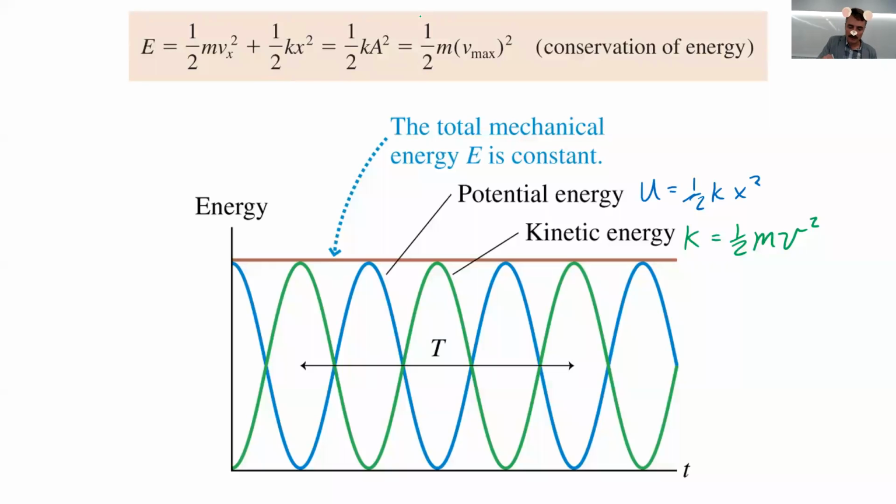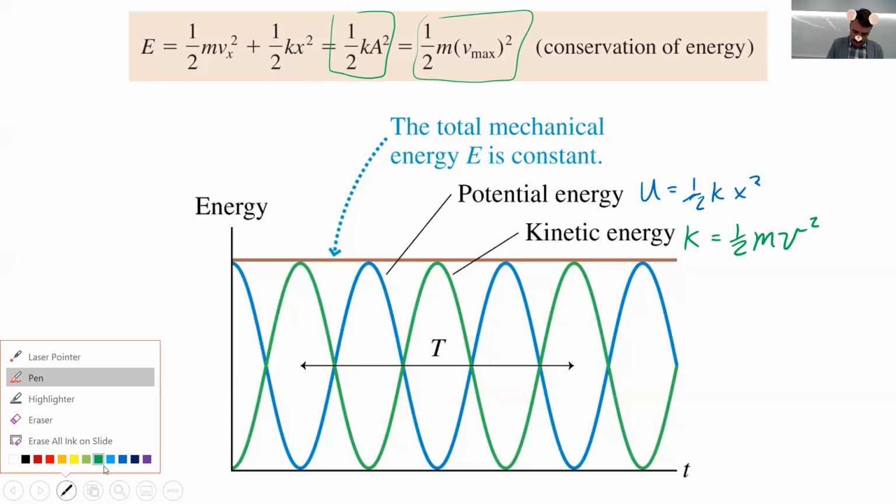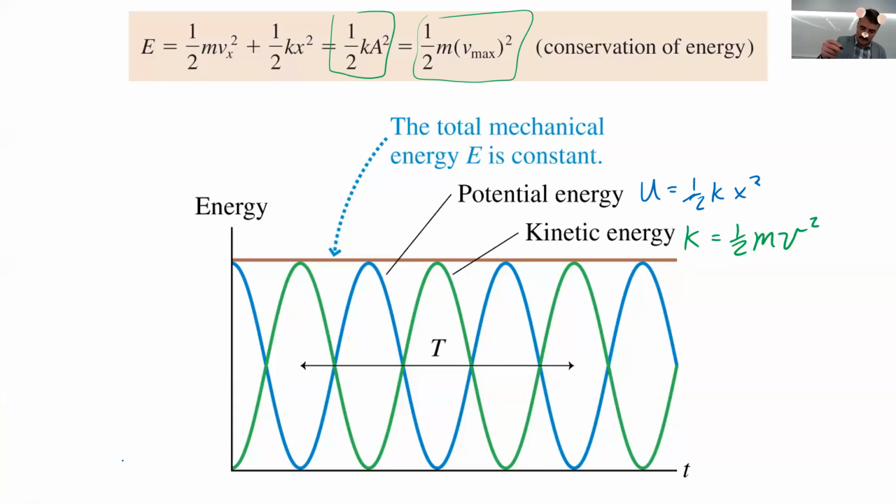I'm not going to go through the whole math of it, but it's always this constant, which is either this or that. So I'll put it here. E equals the kinetic energy plus the spring potential energy, and it is constant.